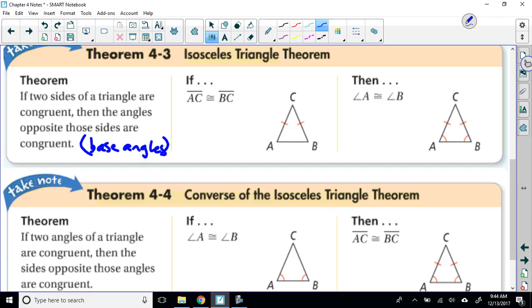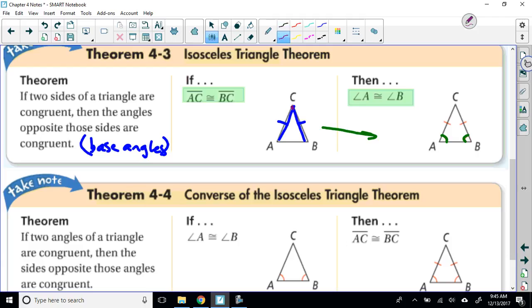So in your notes you're going to have to fill in this part that I'm about to draw a box around. If AC is congruent to BC, then angle A is congruent to angle B. So theorem 4.3 says if we have an isosceles triangle, then the implication is that the base angles, the angles opposite those sides, are congruent.